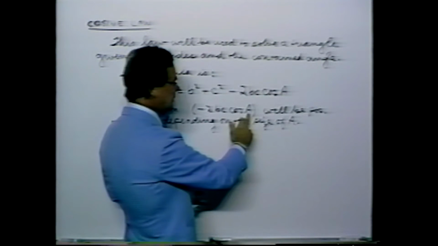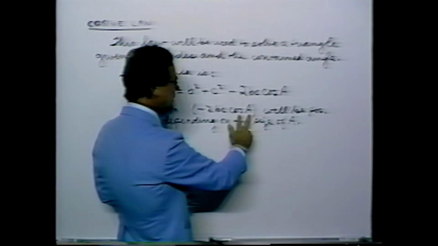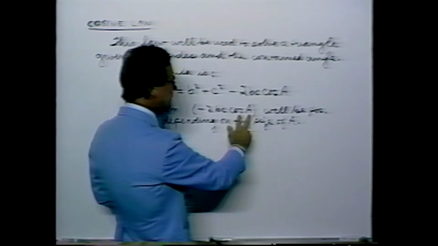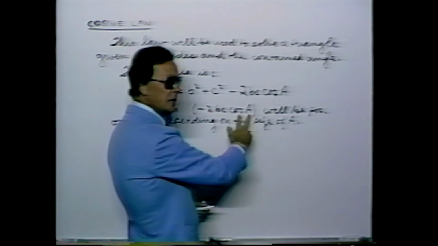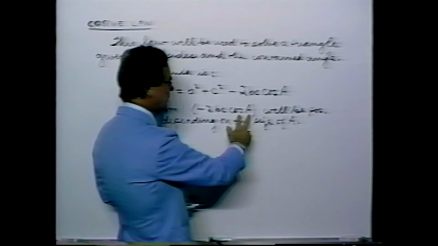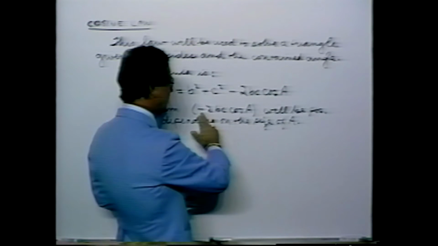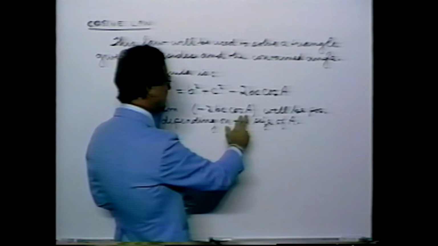If A is an acute angle, the cos of A is a positive quantity, since the angle is in the first quadrant of the Cartesian coordinate graph. Consequently, all of this will be negative.